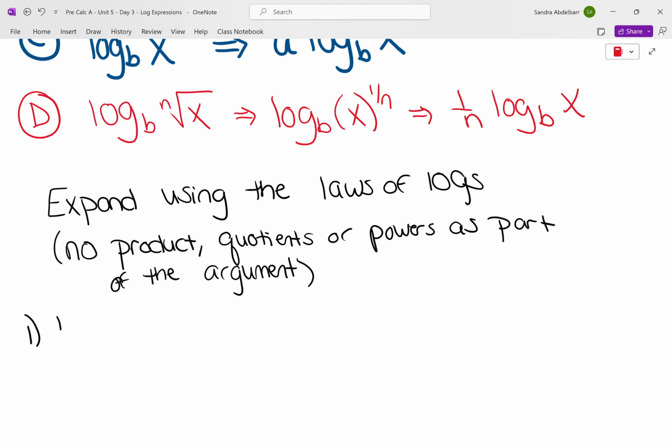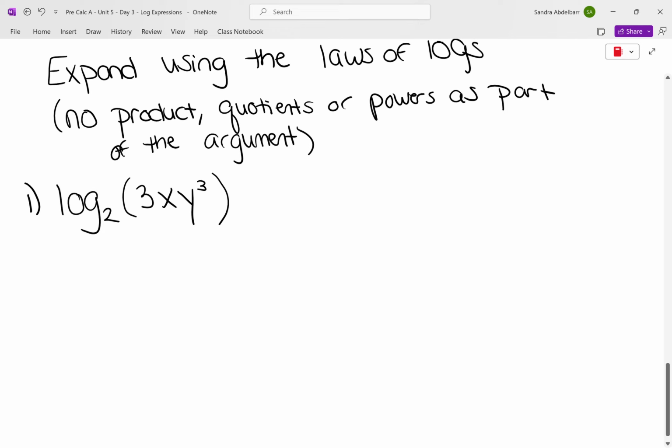All right, so the first problem I'm going to have us do is log base 2 of 3xy to the third. Okay, so do we all agree this is my whole argument? What operation is between all of these? Multiplication.